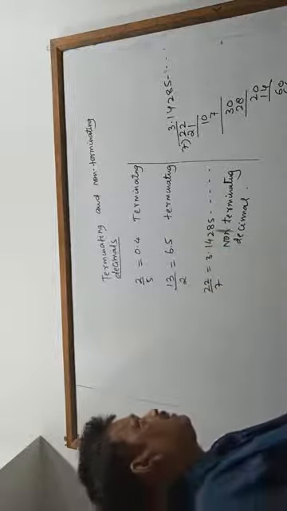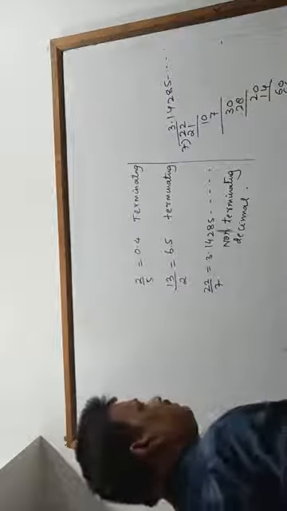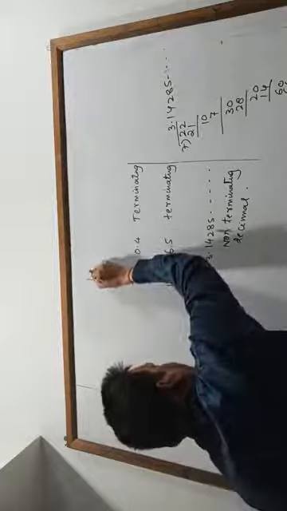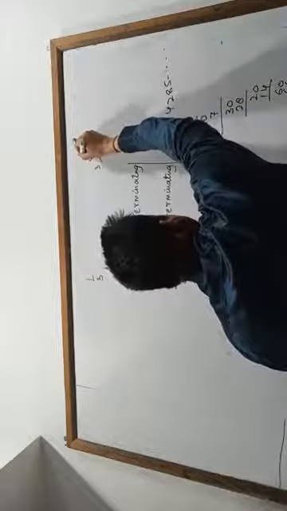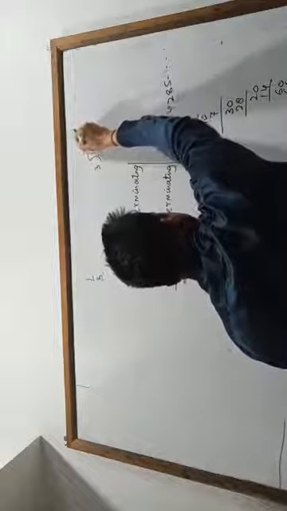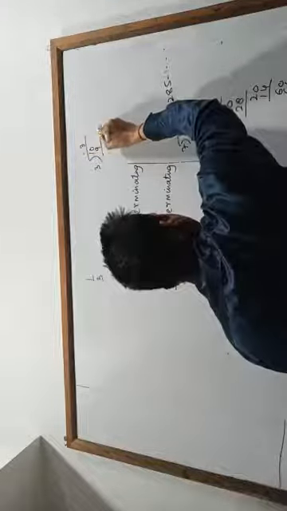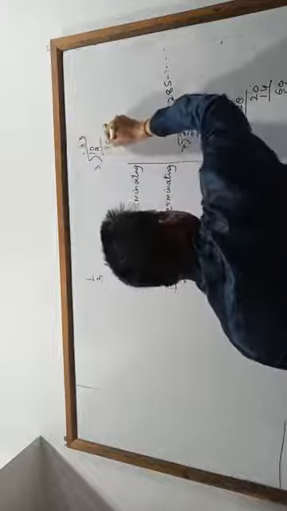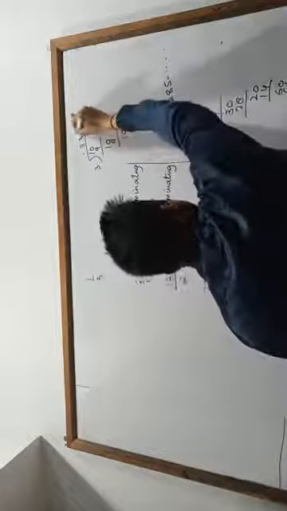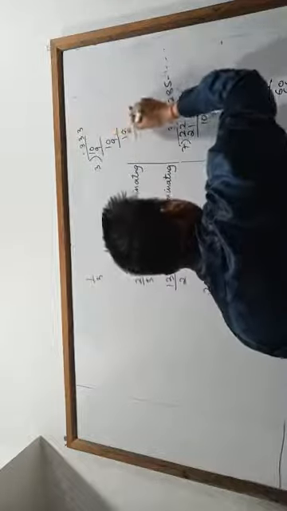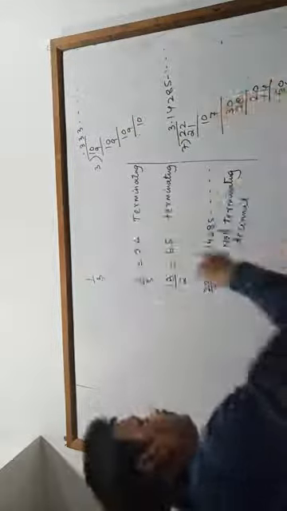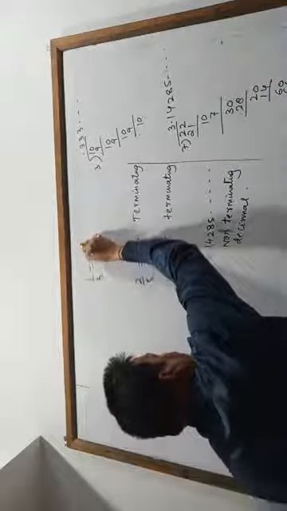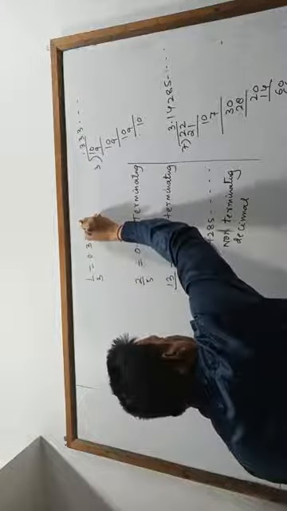You can take one more example. 1 upon 3. Divide 1, put point, 0. 3 3 is 9. 1 0. 3 3 is 9. 1 0. So like this, 0.3333 like this.